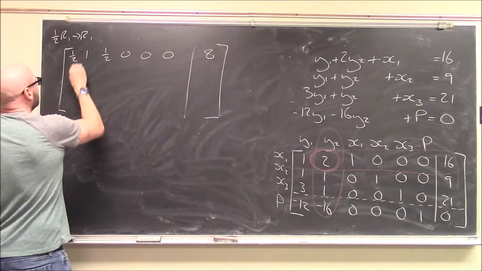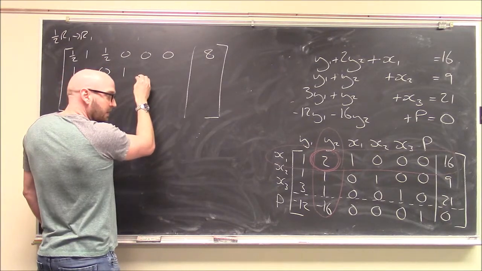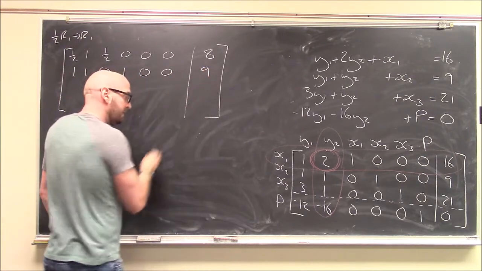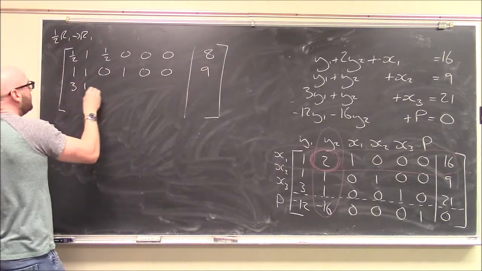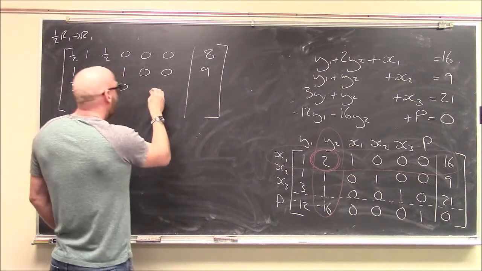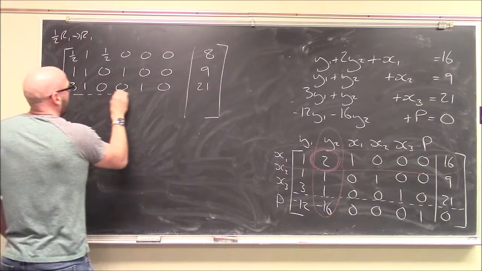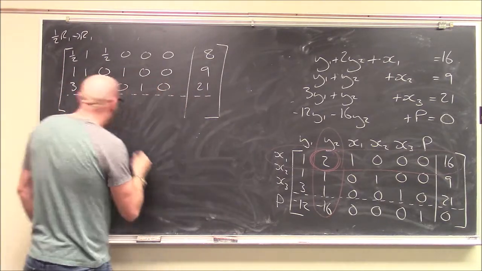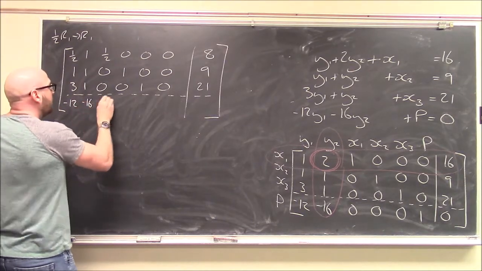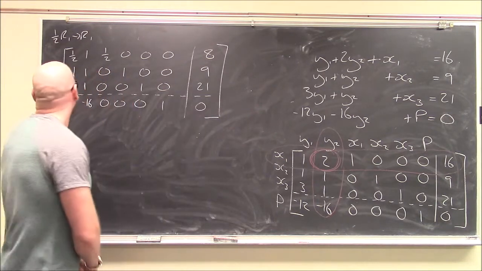Then everything else is the same. I'm going to be careful here not to make any copying errors. 1, 1, 0, 1, 0, 0, 9. 3, 1, 0, 0, 1, 0, 21. And minus 12, minus 16, 0, 0, 0, 1, 0. Cool.